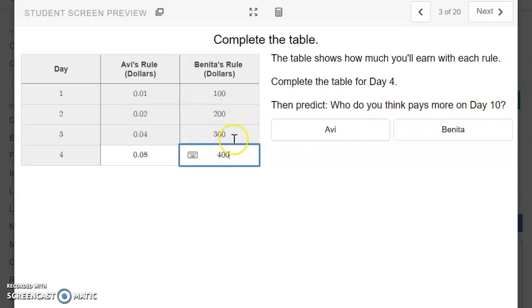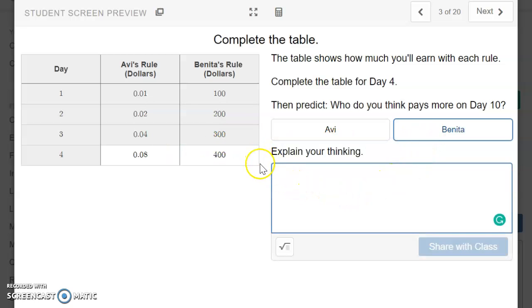Well, at this rate, it looks like Benita is increasing quite a bit here, $100 each day, while Avi is increasing by measly cents. So I'm going to go with Benita, or maybe you might have some different idea.